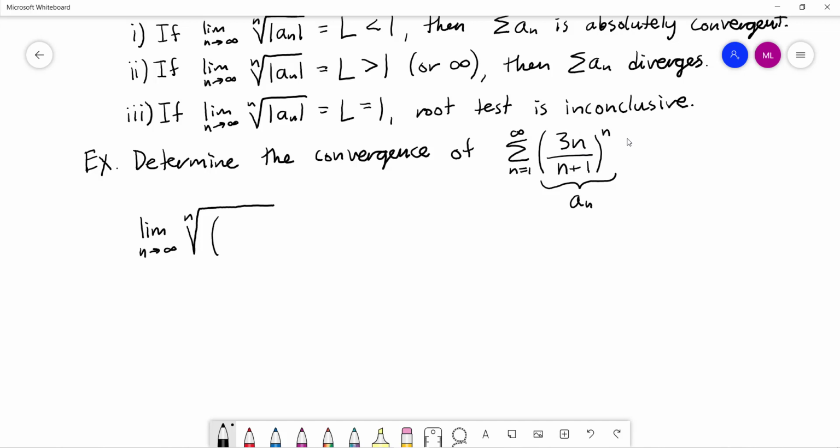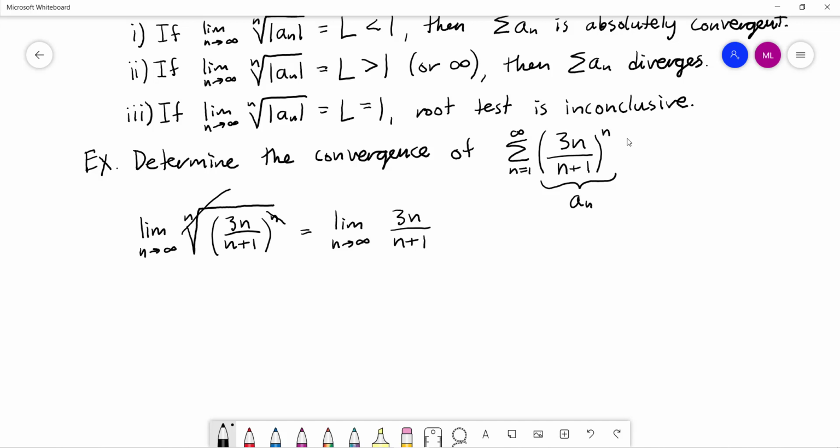And we're going to get simply 3n over n plus 1 raised to the nth power. And that's very convenient because we have this thing raised to the nth power. We're taking the nth root of it. Those cancel. And we just have the limit as n goes to infinity of 3n over n plus 1.